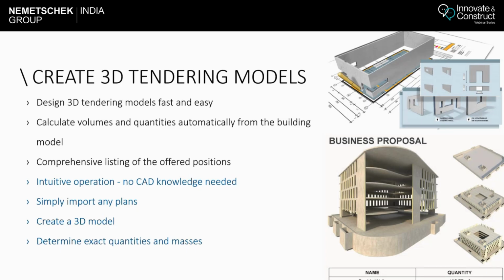For wall panels, again we may require square meters. For other elements, we may need the number of elements or the cubic meters of concrete. So for any kind of unit, we can create a quick 3D model and, based upon that model, give it for tendering purposes. And our tendering quantities will be fairly accurate.